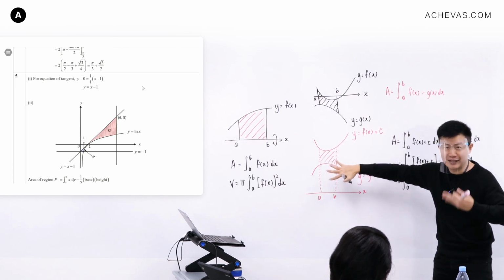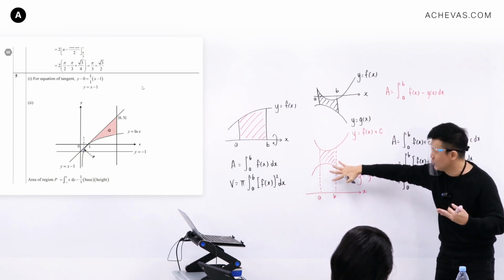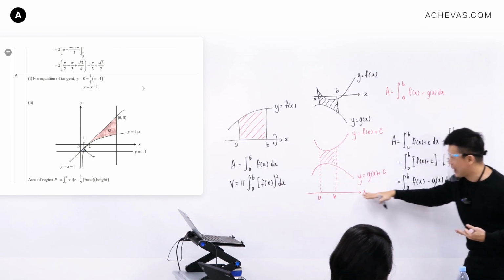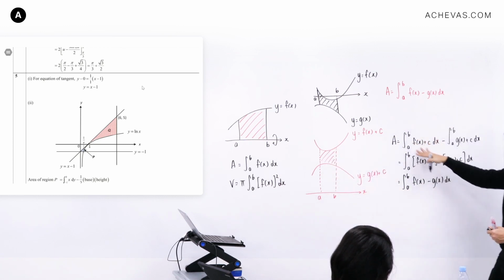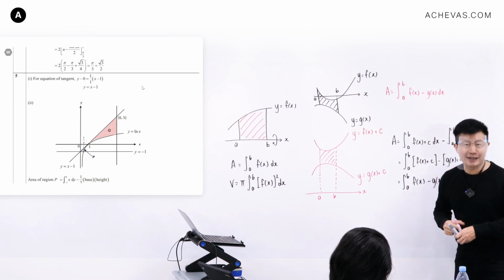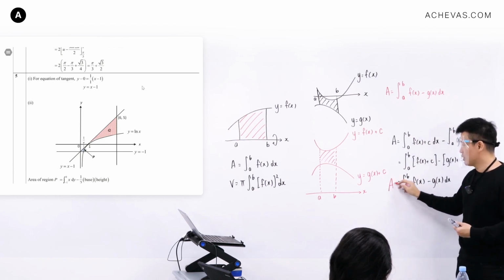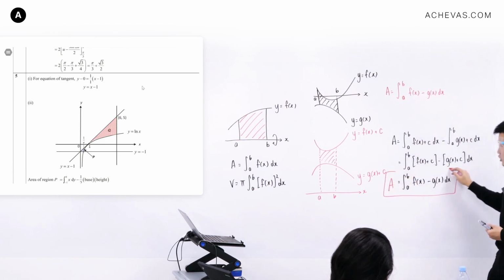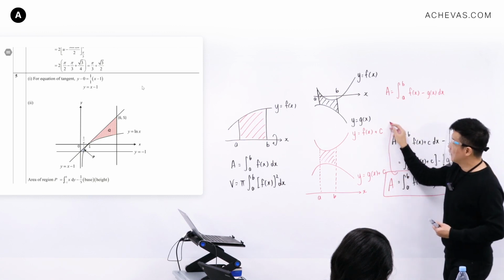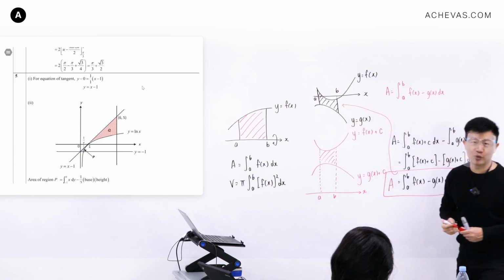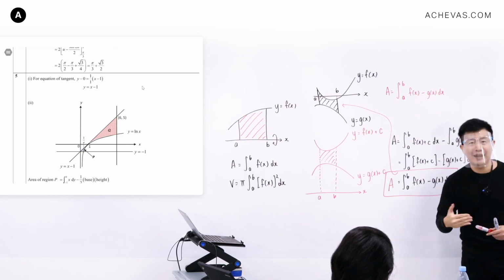In our secondary school, we don't learn that much about transformation, but now we do, to translate the region high enough above the x-axis so that we can apply this. And of course, in the exam, I will want you to just make use of this, because this is going to be fast. Quoting this to find the area that is bounded between two curves. Let's move on and take a look at another scenario.